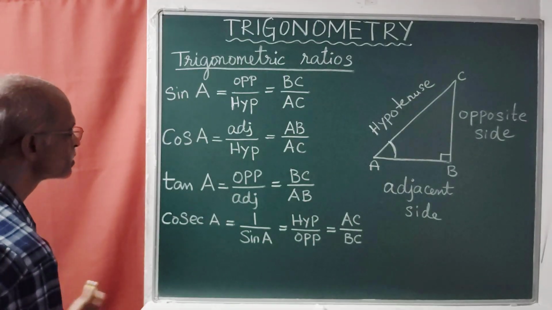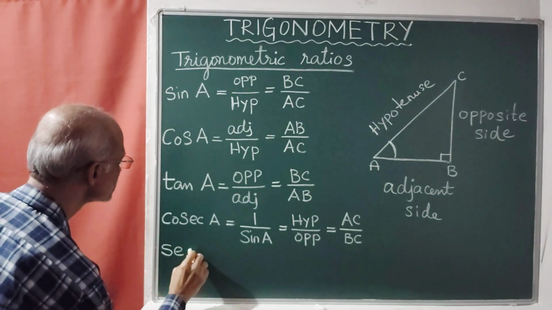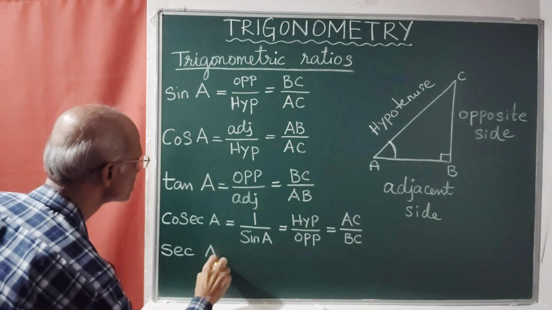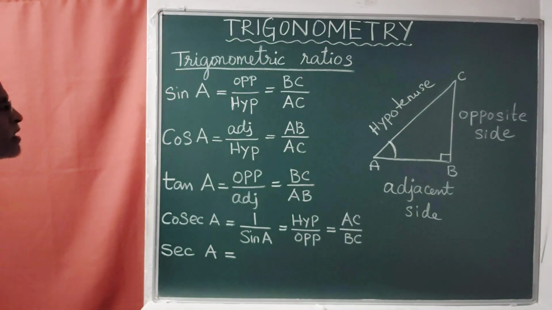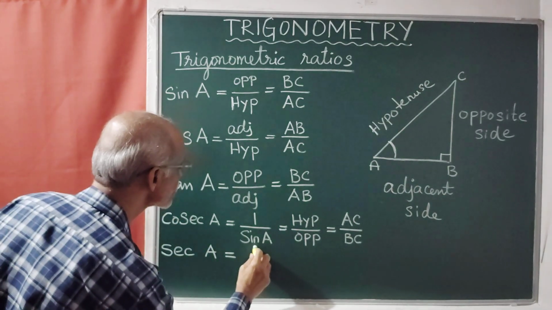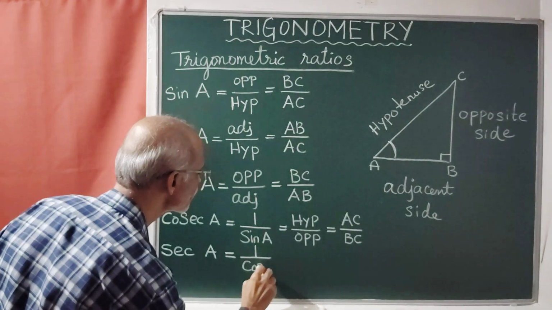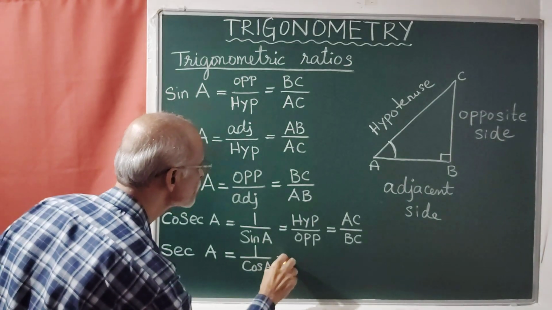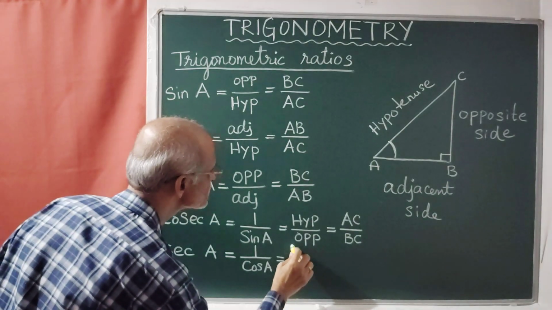The fifth one is sec A. Sec A is the reciprocal of cos A, that is 1 by cos A. So it will be hypotenuse by adjacent.